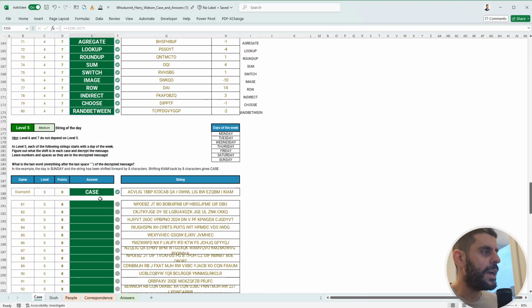Okay, level 5 got me a bit, because let's say this kind of case is not exactly my comfort zone, so I struggle a bit with those logics.